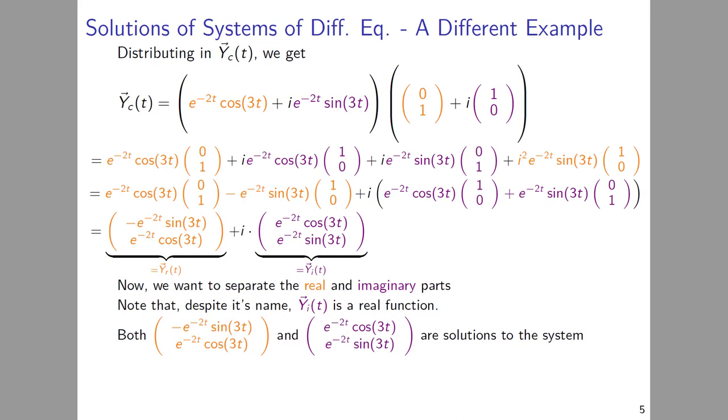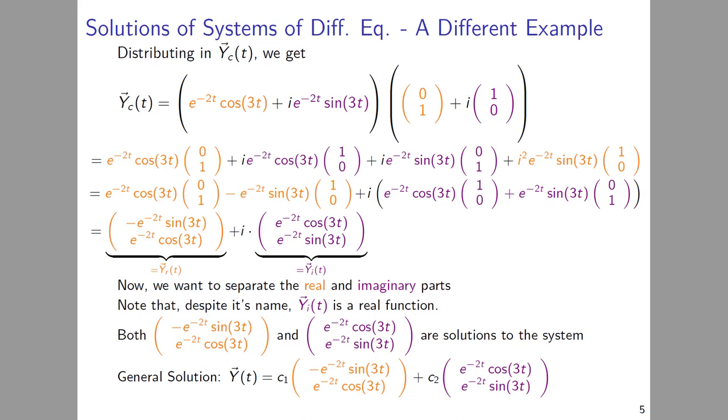And since we have these two separate solutions, we can use them to build the general solution, which will be y of t equals c1 times our real solution, negative e to the negative 2t sine 3t, e to the negative 2t cosine 3t, plus c2 times e to the negative 2t cosine 3t, e to the negative 2t sine 3t.